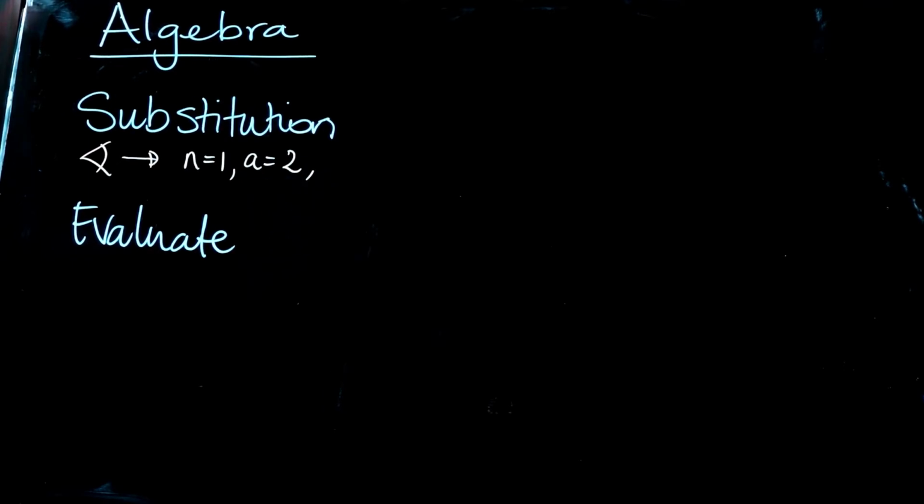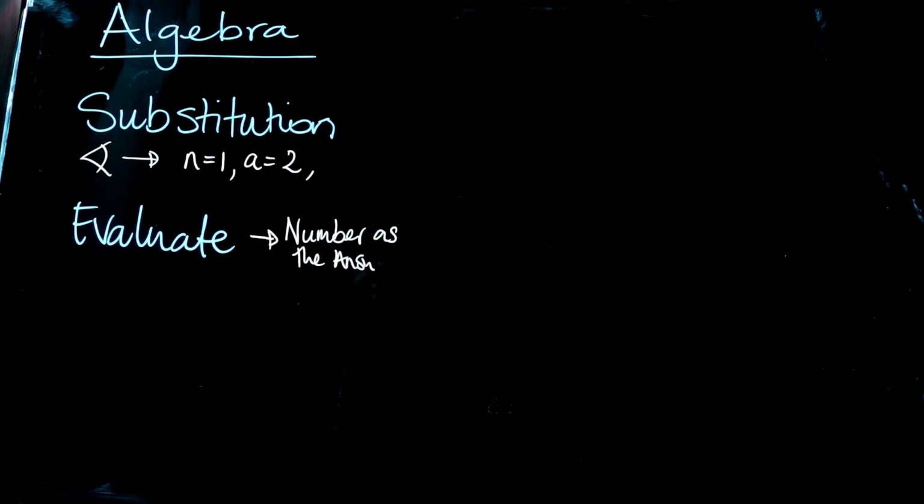Okay, so we look at the algebra, we see the pronumeral, the letter, and we substitute in the number. And then we evaluate. Evaluate, I just think about it as crunching the numbers, and we're going to get a number as the answer.